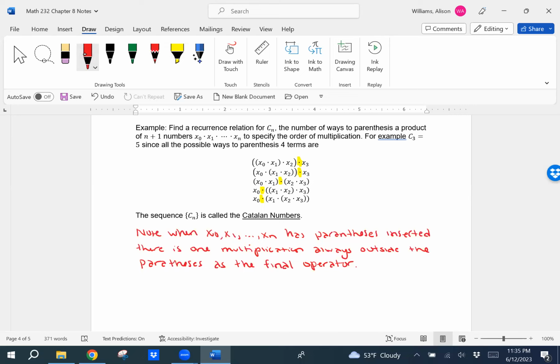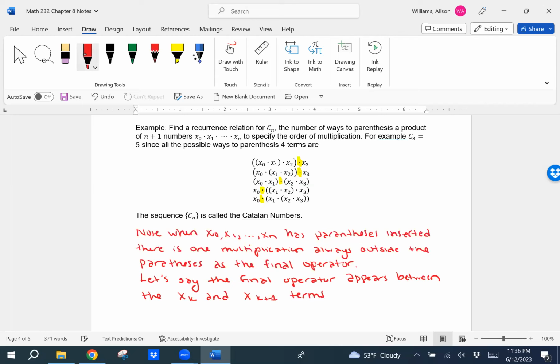Okay. So here's how we're going to do this. We're going to split the sequence up in the middle somewhere. And we're going to say that's where the final operator appears, between the x sub k and x sub k plus 1 terms.